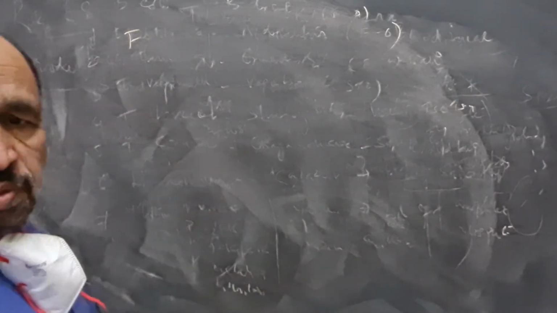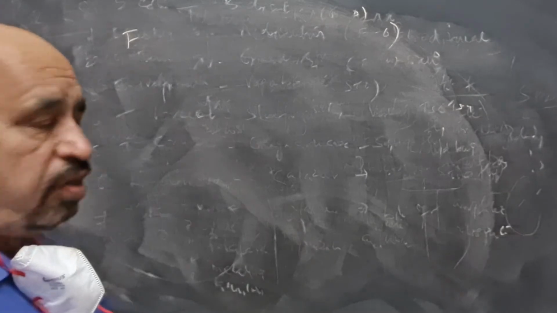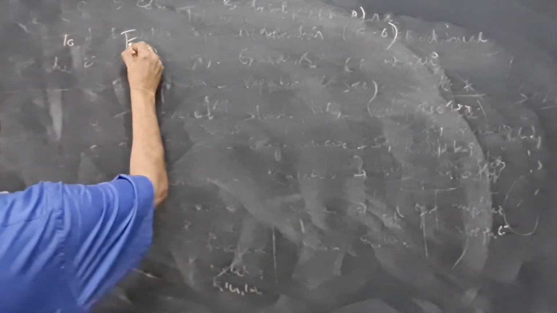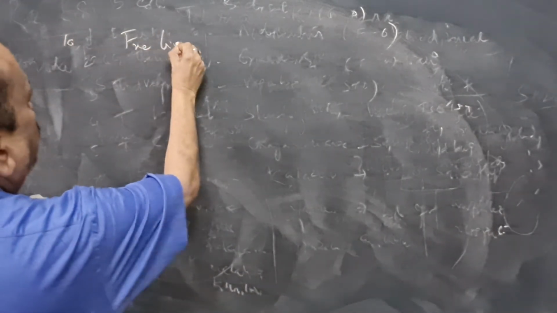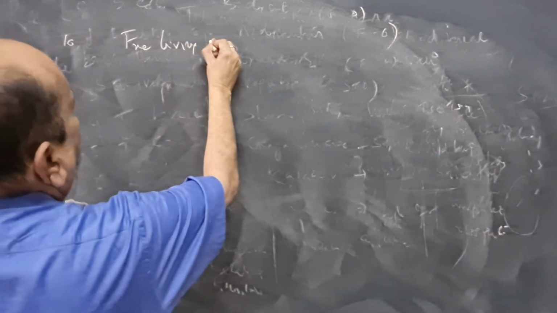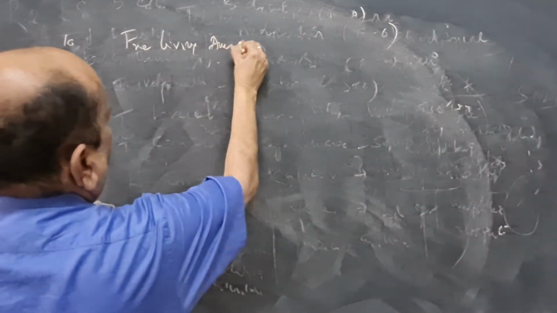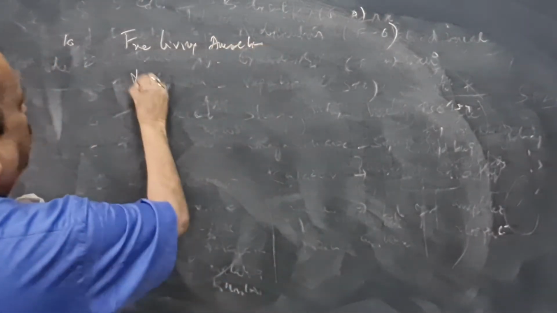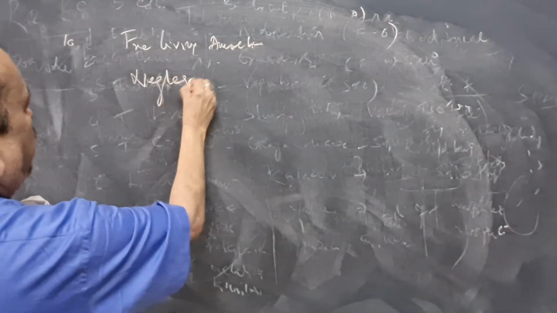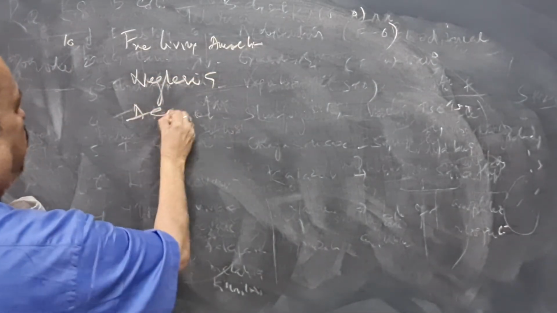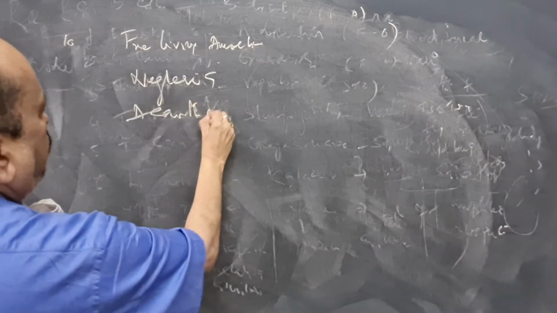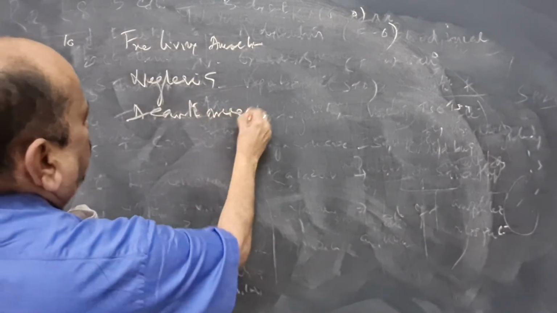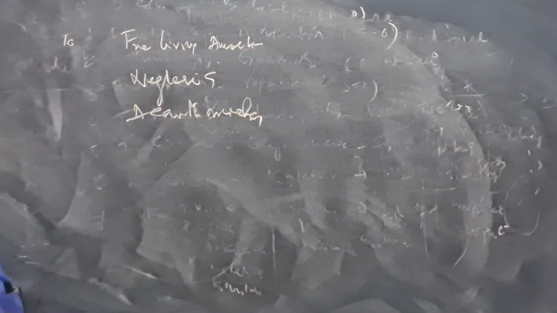The 10th one is the free-living amoeba: Naegleria and Acanthamoeba.